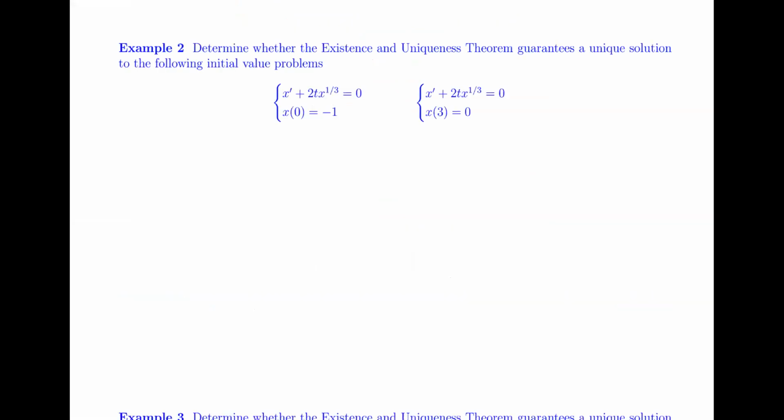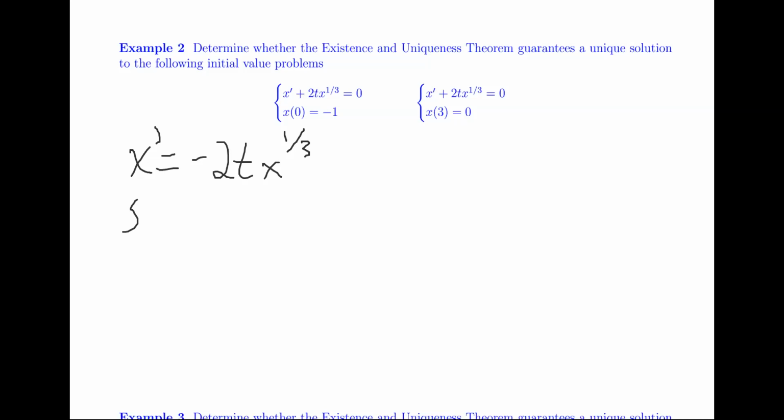We're going to determine whether the existence and uniqueness theorem guarantees a unique solution to the following initial value problems. What we want to do is write it in terms of x prime is equal to some function of t and x. So this is x prime is equal to negative 2t times x to the 1/3 power. We notice that f of t comma x is continuous everywhere.